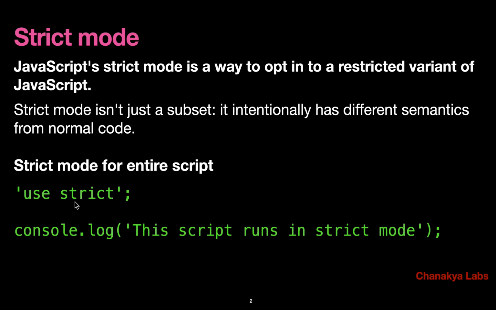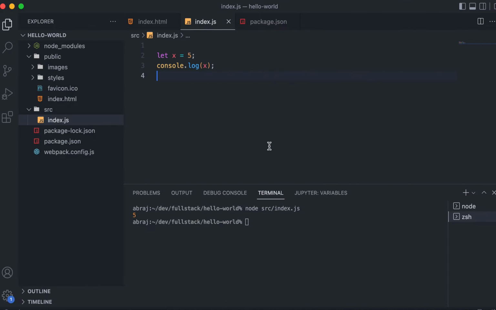We use something called "use strict" in a string at the top. This use strict is a string. You can use it in double quotes, that is fine, or in single quotes, that is fine.